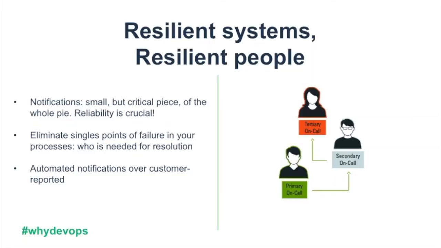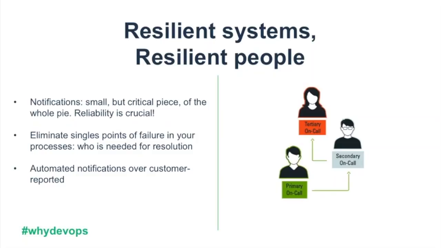In terms of where PagerDuty fits into the picture, we look at people, process, and tools as three distinct areas that we try to tie together. For people, it's the distribution of responsibility from an operational perspective.